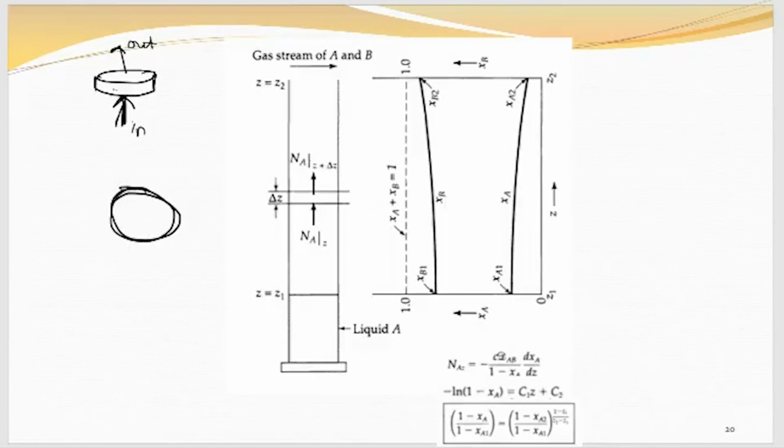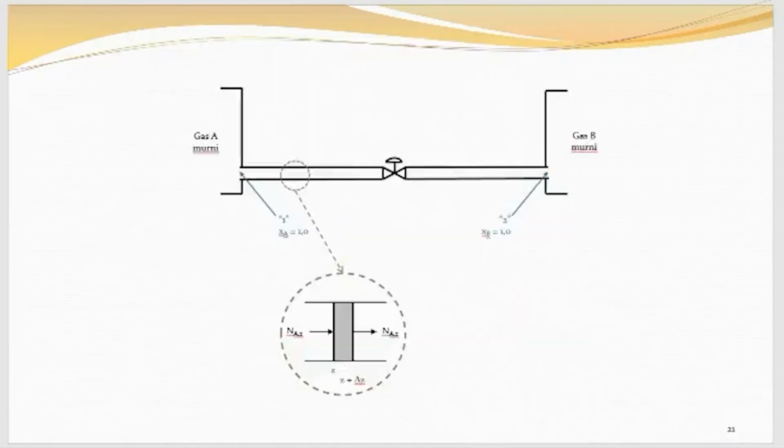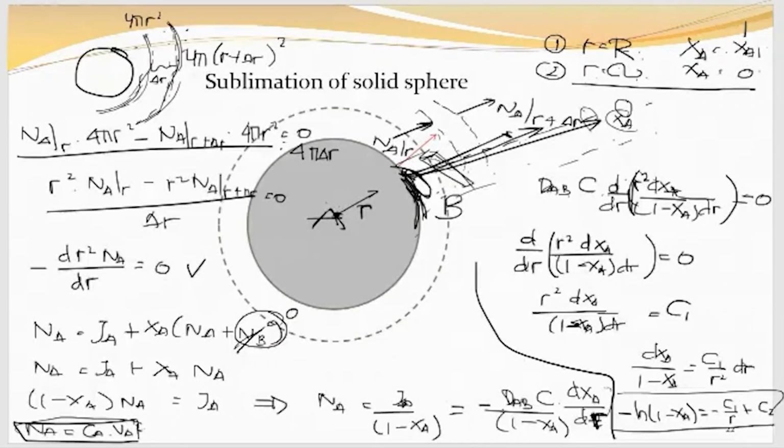The area is exactly the same. The area in is πr², and out is also πr². But for this case, the area is actually a bit different. We still put 4πr² over here just for simplification as always, because delta r is very small. But actually the area is a bit different. Okay, is that clear? Yes, ma'am. Thank you. You're welcome.